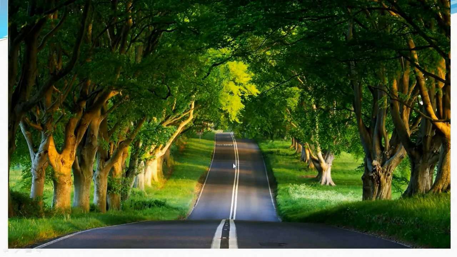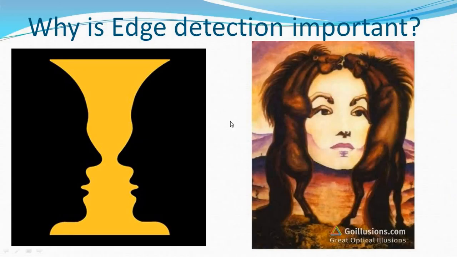First, let us see why edge detection is important. Consider this image. Here you can see it is the edge which gives you the perception of shape and the object. If you link this particular edge, then you will see a flower vase.